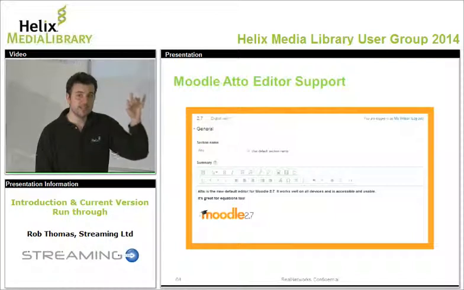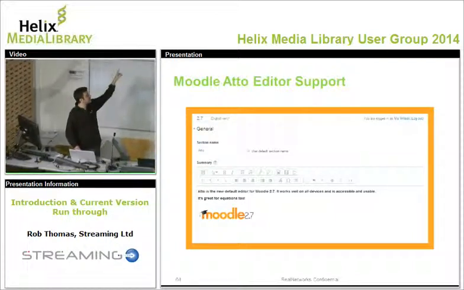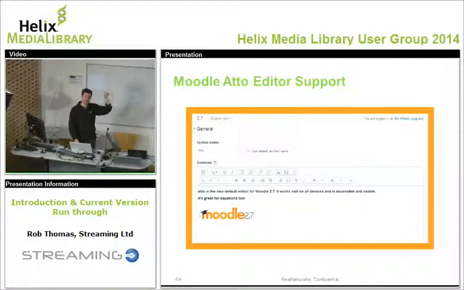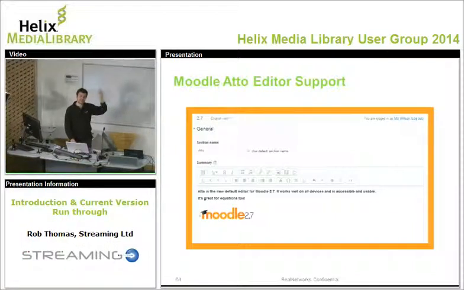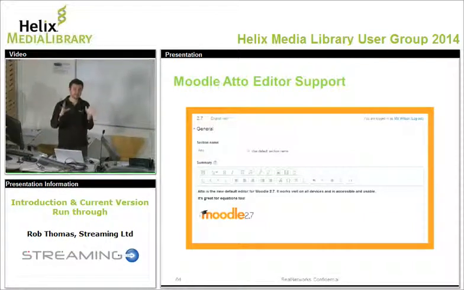Yeah, the look and feel of it is an interesting one. That is Atto, but the TinyMCE one looks exactly the same. The actual look of it is the same. I think what you're talking about is when it went from being a color to a grayscale editor. That isn't Atto. That is still TinyMCE.